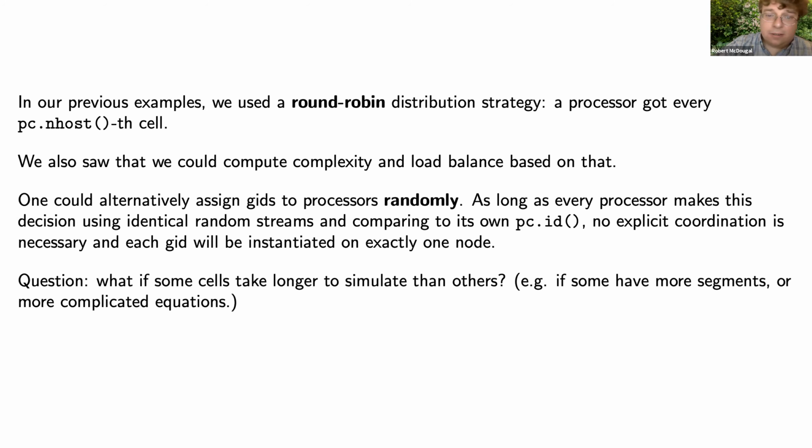Every processor can make its own decision if they're using identical random streams to decide who does what. And again, if every processor uses the same random stream to choose allocations, they're all going to come up with the same thing, and no explicit communication is necessary.